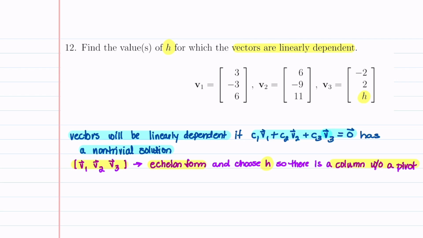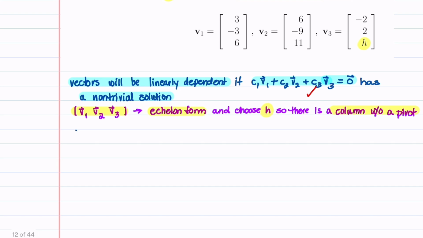Whenever we have a column without a pivot, we are going to have a non-trivial solution. If every column has a pivot, the only solution to this equation is going to be that c1, c2, and c3 are equal to 0. So we're going to have to force it to have a column without a pivot.